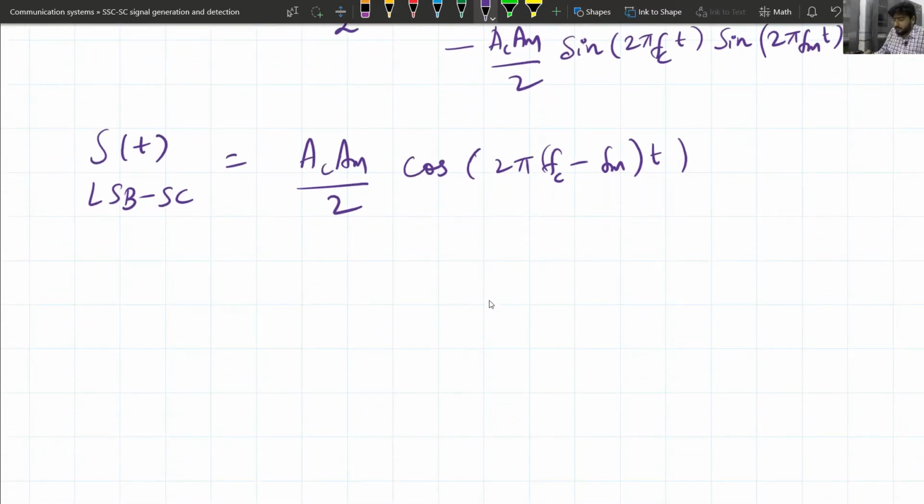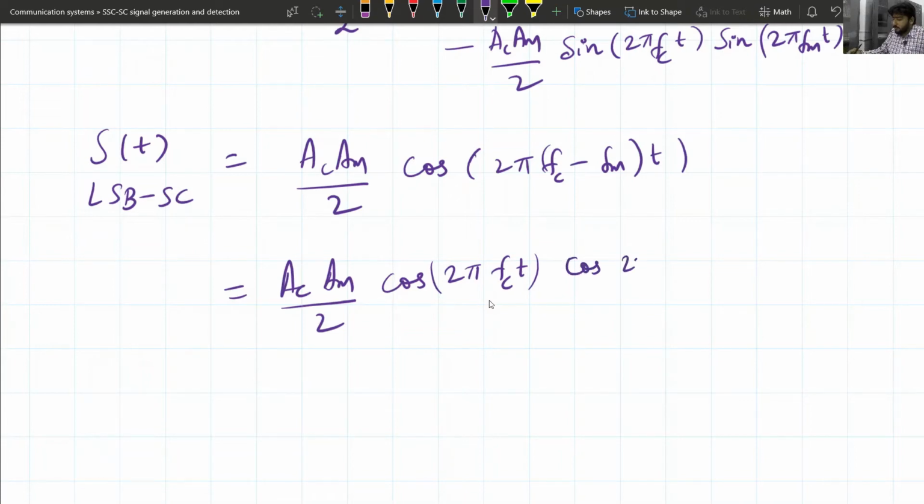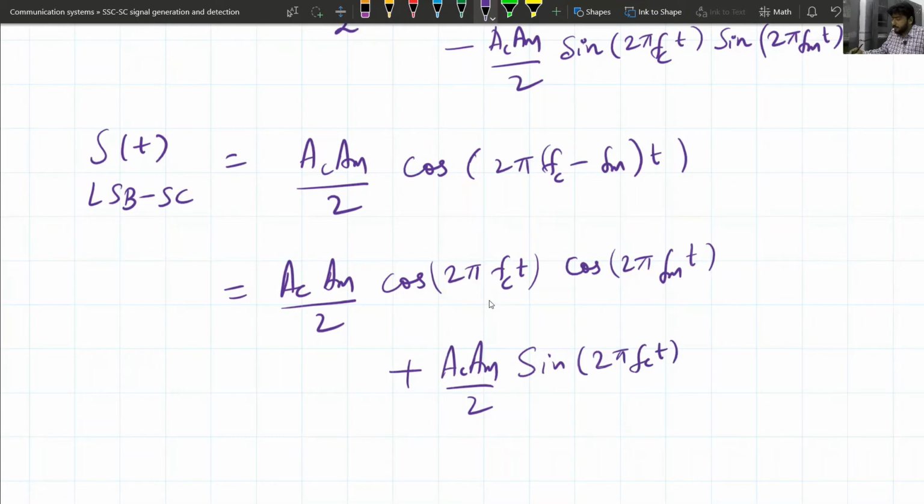Resolving this equation, we can write A_C times A_M by 2 cos 2π f_c t multiplied by cos 2π f_m t plus A_C into A_M by 2 sin 2π f_c t multiplied by sin 2π f_m t.